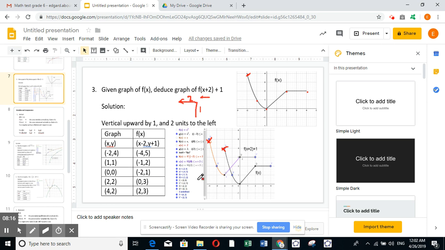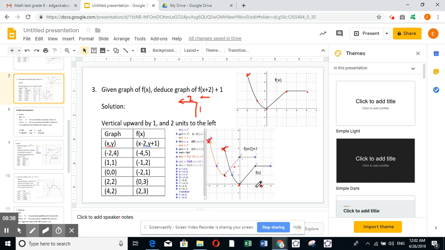And so on, 0, 0, this point here, if you replace by 0, 0, the image will be minus 2, 1. So the image of this point is minus 2, 1.